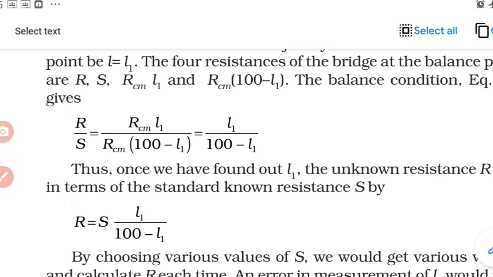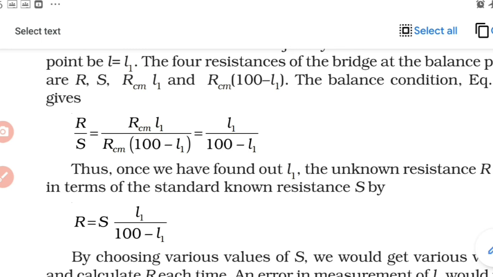The same condition applies here. So RCM gets cancelled, and our condition becomes R by S equal to L1 by 100 minus L1.